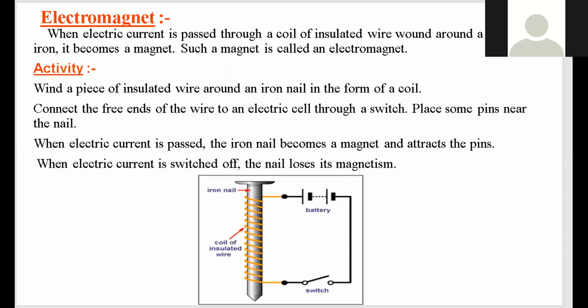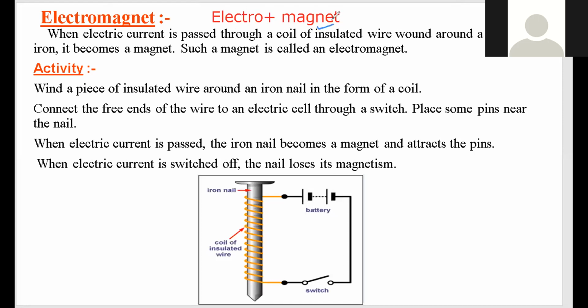As we know, the word electromagnet is made up of two words. The first word is electro, and the second word is magnet, right? The first word electro is for electric current, and magnet is simply magnet.